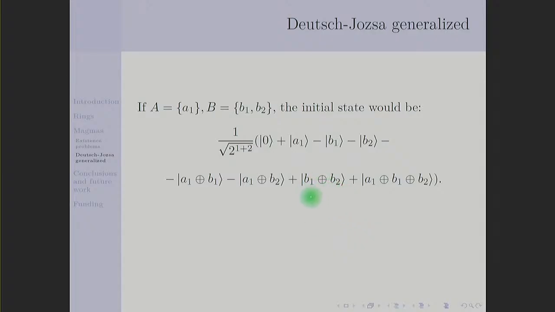For example, B1 plus B2 is positive because it features two negative elements. So the sign is like multiplying signs. You can check very easily that this state remains the same if you add A1 and changes sign if you add any of these two. So it satisfies what we wanted.